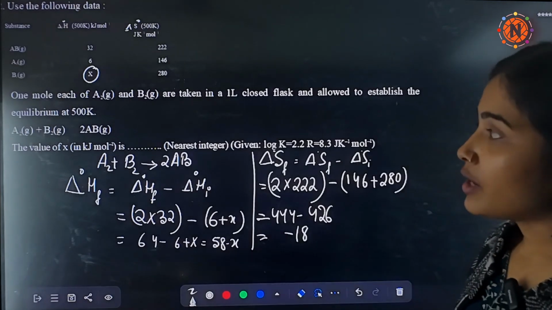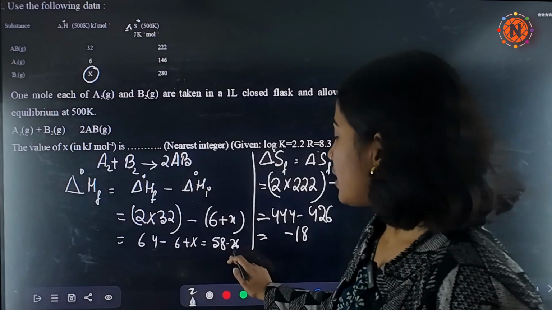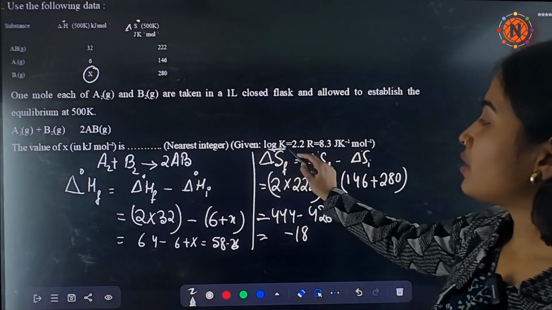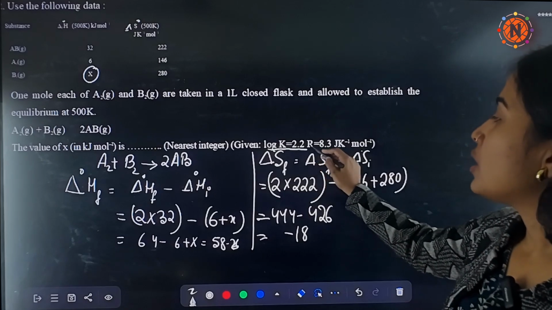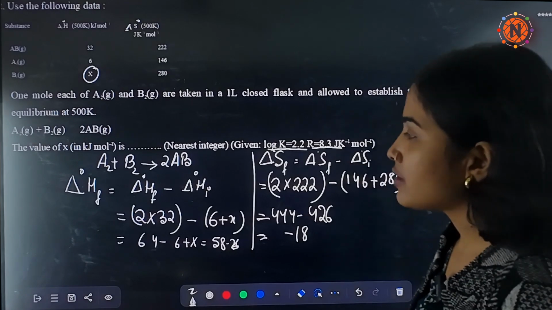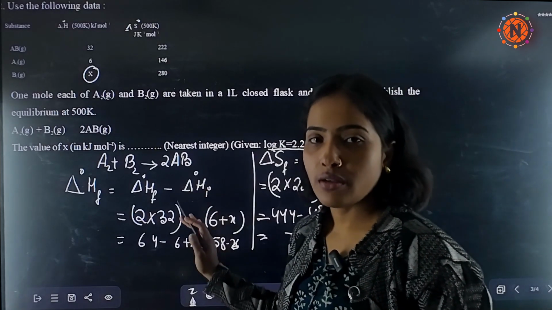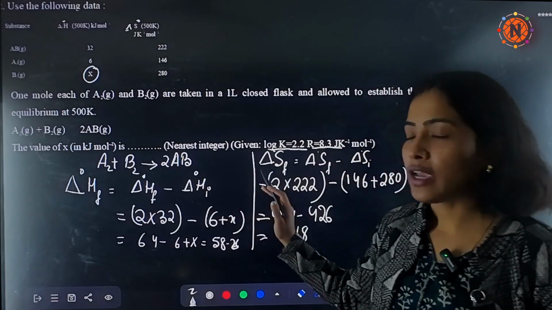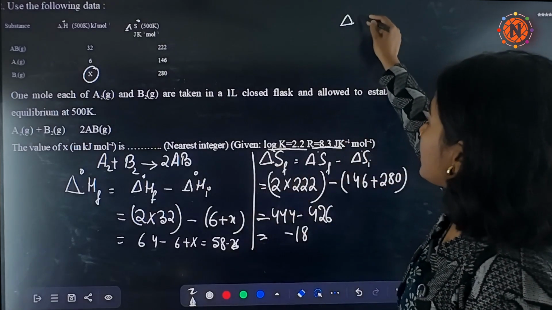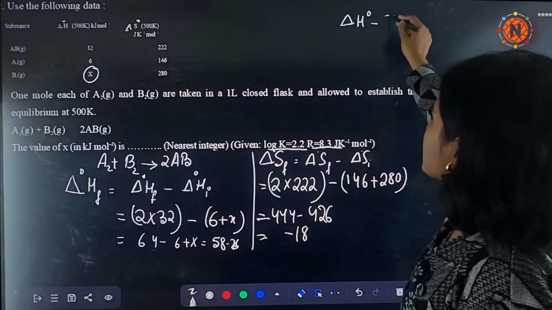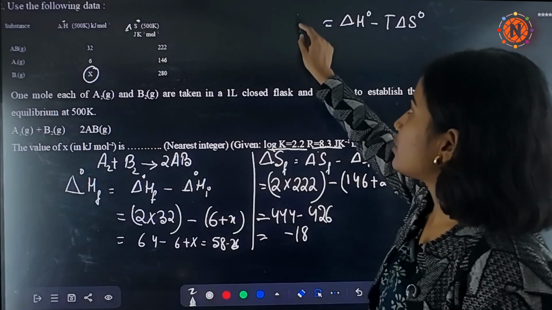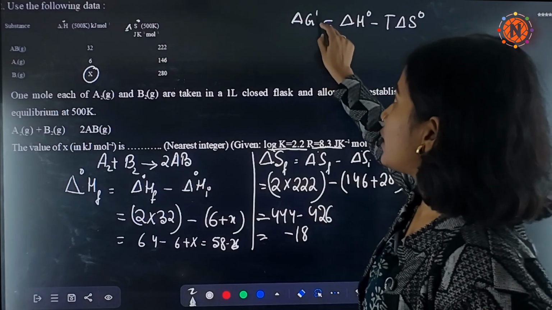Our aim is to find out the X. Here log K value is given, that is 2.2, R is given, that is 8.3 Joule Kelvin inverse. So there is a relation between this enthalpy and entropy, that was delta H naught minus T delta S naught, which is also said to be our Gibbs free energy.